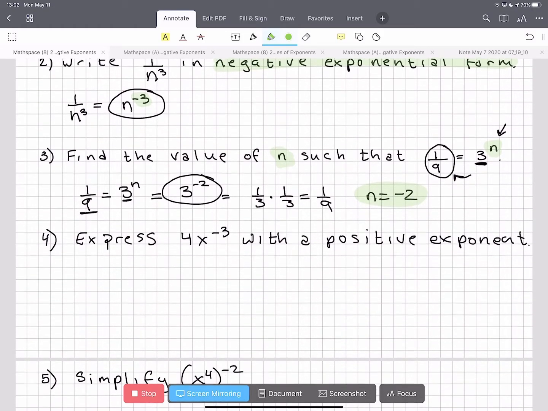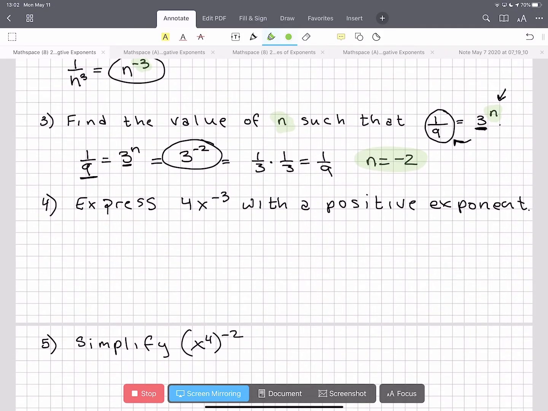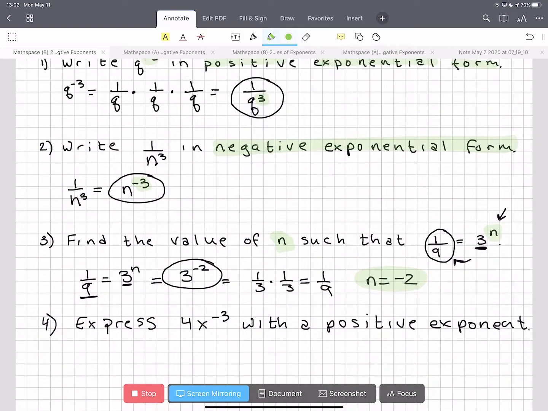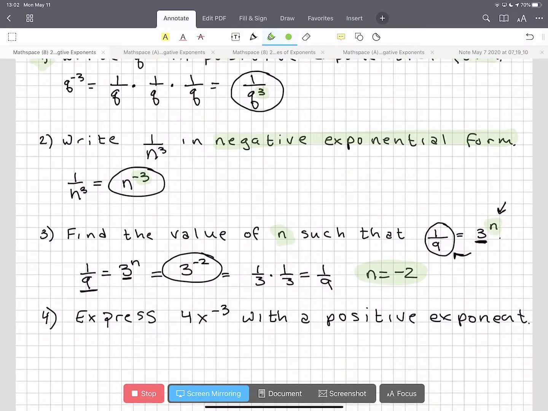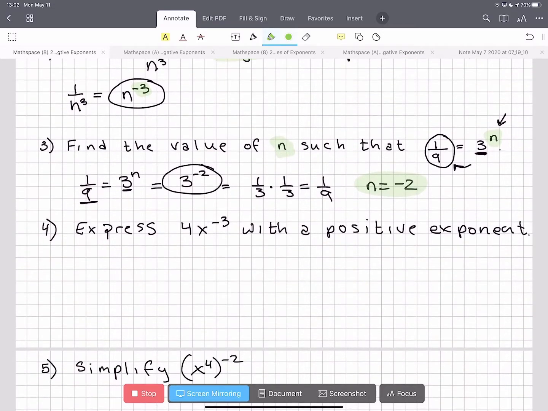In the fourth example, we're being asked to express 4x to the negative third with a positive exponent. So this is very similar to the first problem that we did right here, except now we have a coefficient. We have the 4 there. So we know that this is 4 times x to the negative third. If I expand it out there with the multiplication symbol, it's 4 times x to the negative third power.